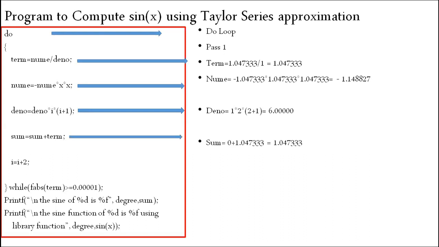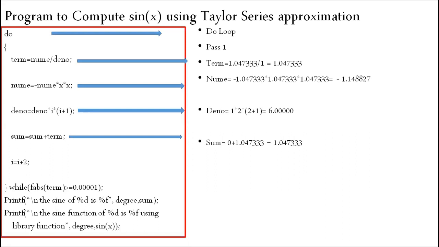I'm taking one variable called sum where I'll store the value. Finally the value in sum will be displayed once the condition fails. So here sum is equal to sum plus term is the formula. Initially sum is equal to 0 plus, what is the value of term? The latest value of term is 1.047333.